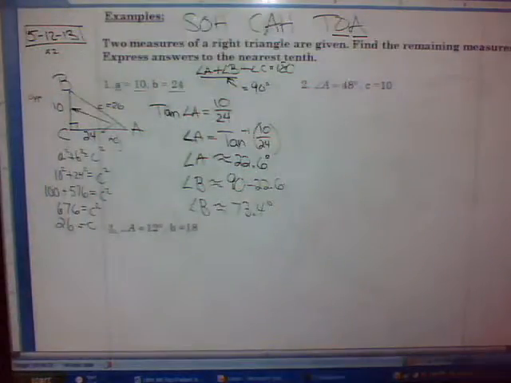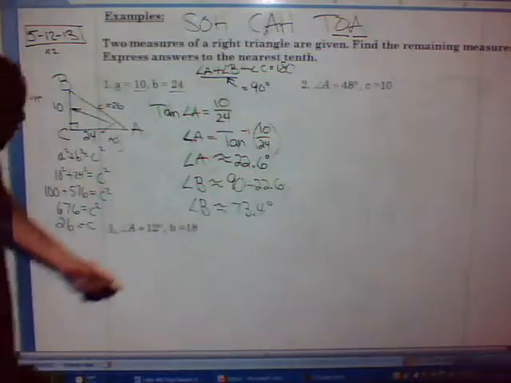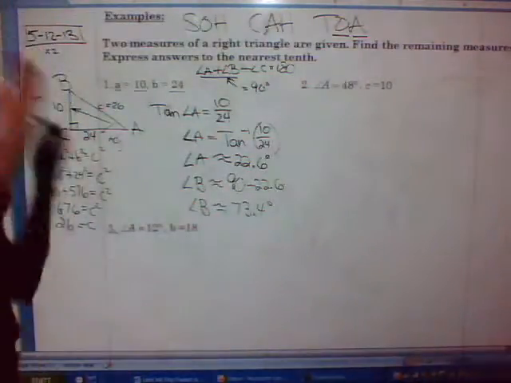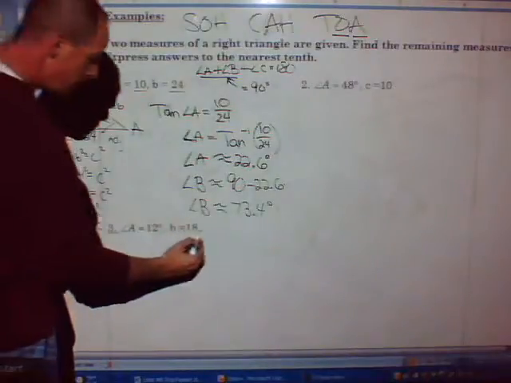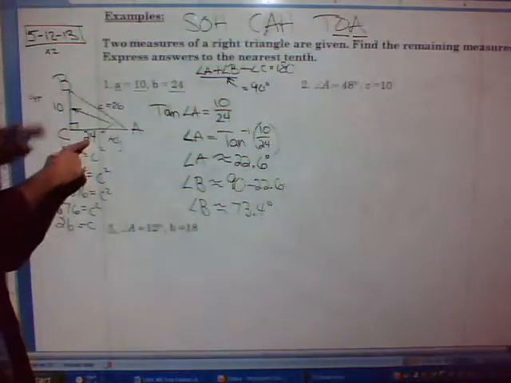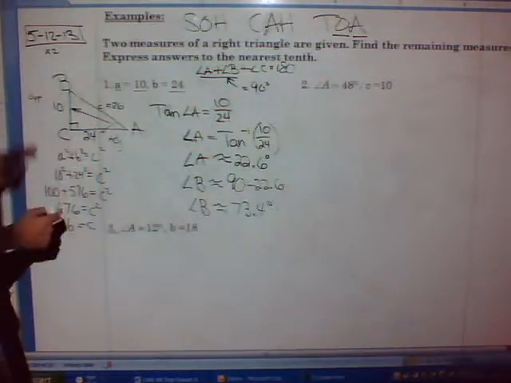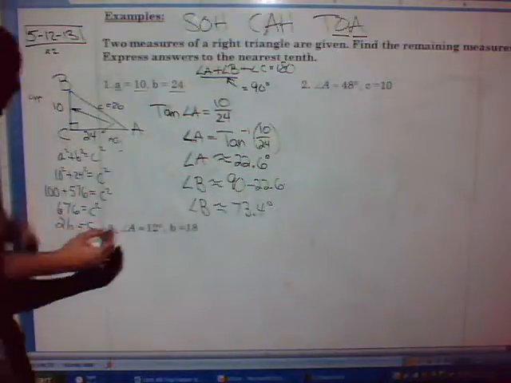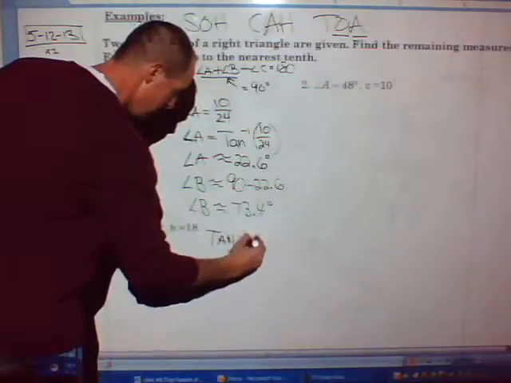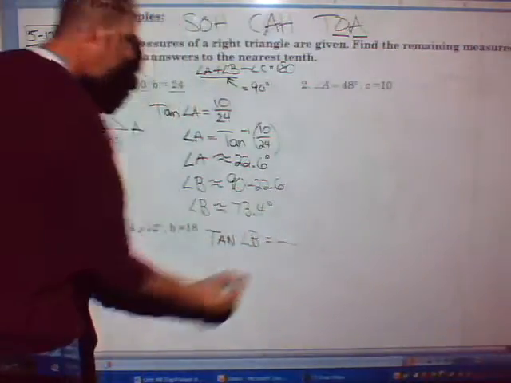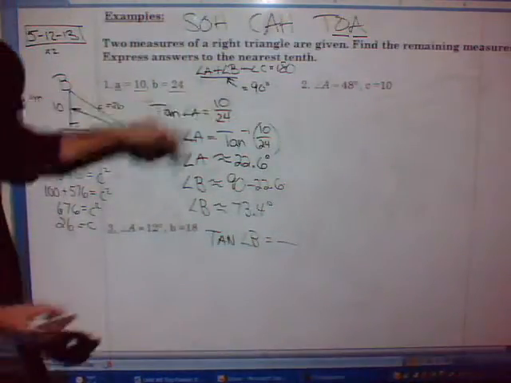Now, if you're not very confident about your 22.6 degrees, then we could actually do another trig ratio to find angle B. Well, where's 24 compared to B? That's opposite. Where's 10? It's adjacent. So tangent again. So tangent of angle B equals, well, it's the same ratio, it's just flipped.